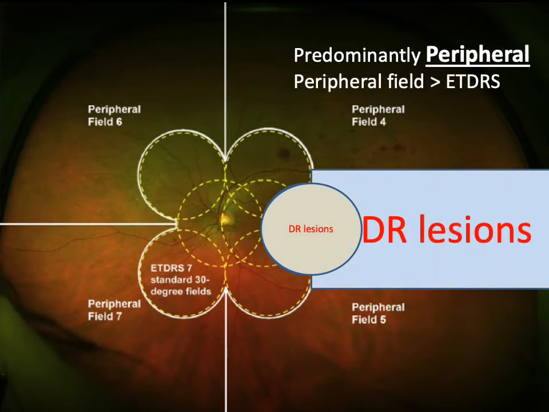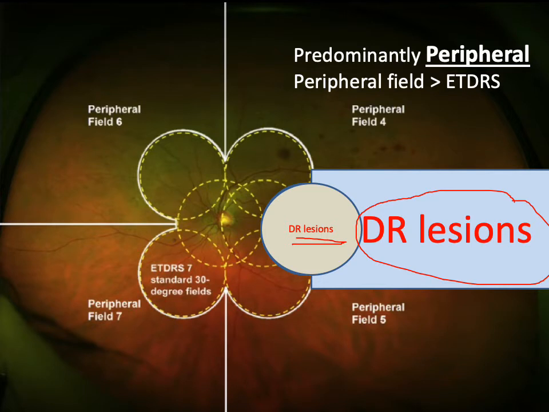While if you have the opposite, where the diabetic lesions are present more in the peripheral fields than the respective ETDRS field, then that eye is said to have predominantly peripheral lesions.